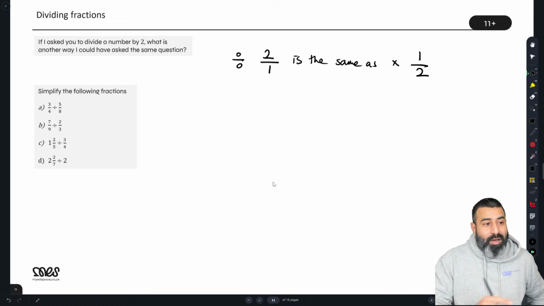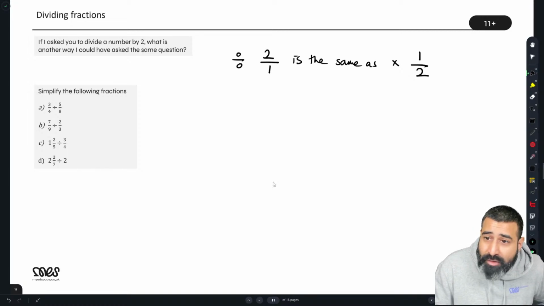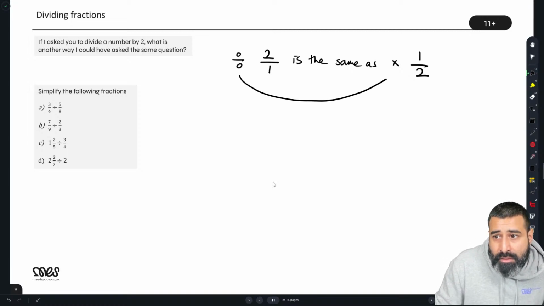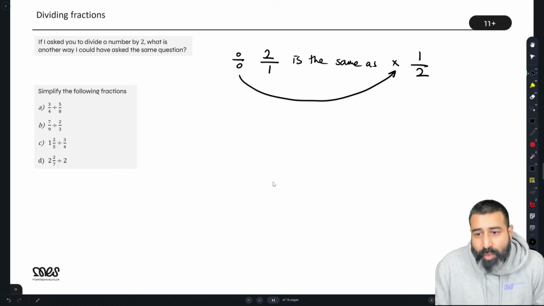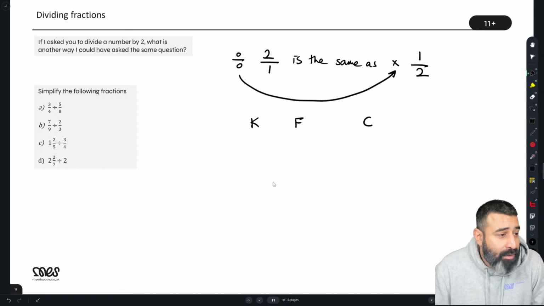Good. Okay, now let's think about a little trick to remember this, okay? So, what did we do? We changed sign, okay? Now, there is a way that we can remember this. This is KFC, okay? The kernel. Yeah, absolutely. A half is exactly the same, 0.5.